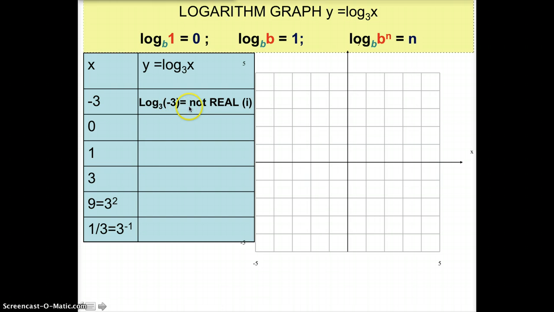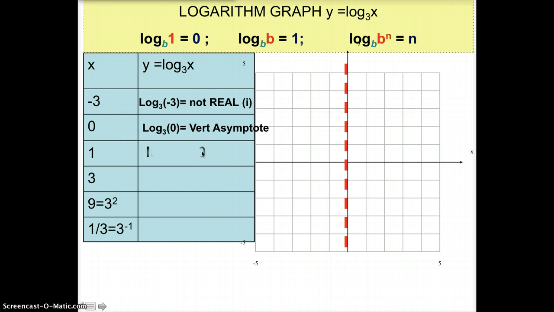You can't have a negative number there. So it's not a real number, it's an imaginary number, so that's not on the graph. If I try 0, well, 0 is not possible there either. That is an imaginary answer, and actually that turns out to be my vertical asymptote right there at x equals 0. And that's not a part of the graph, but it is a boundary on the graph.